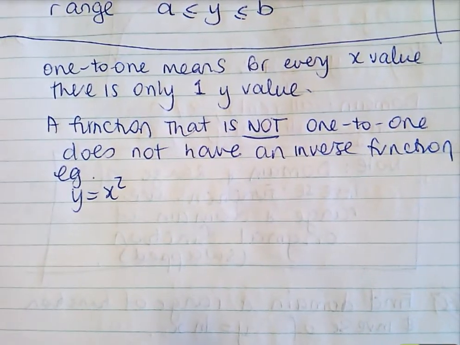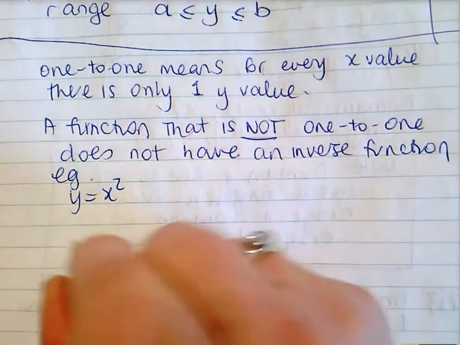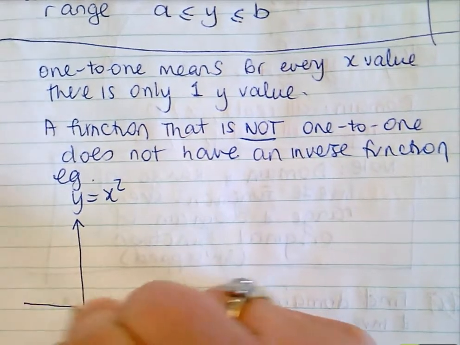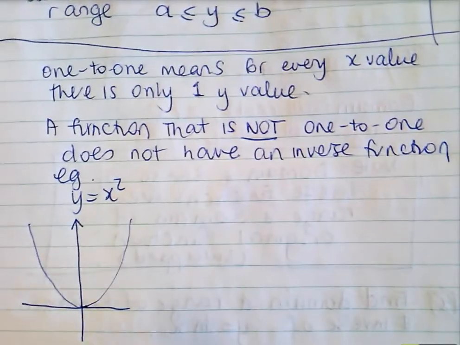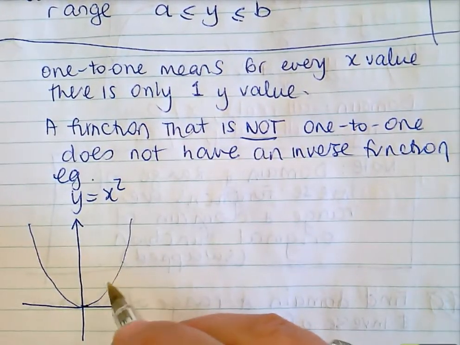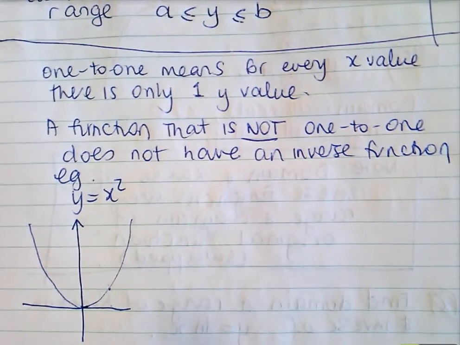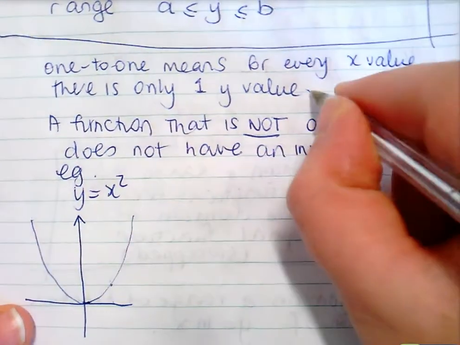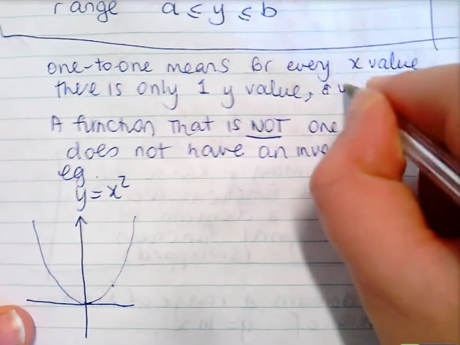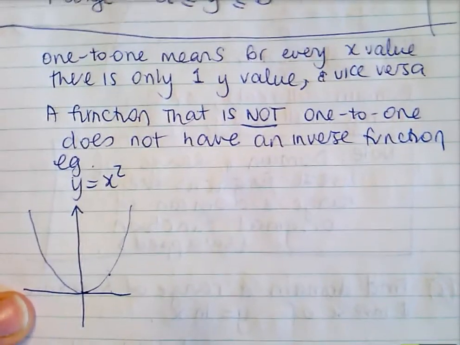For example, y equals x squared. We touched on this yesterday. If you look at y equals x squared, I can see when x is 1, y is 1. But when x is negative 1, y is 1. So for every x value there's only one y value, and vice versa, for every y value, there's only one x value.